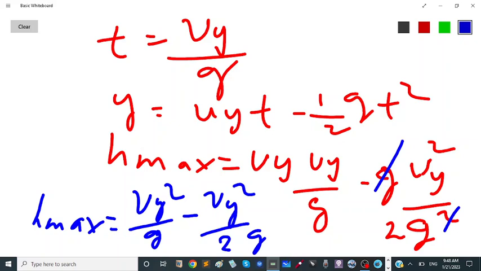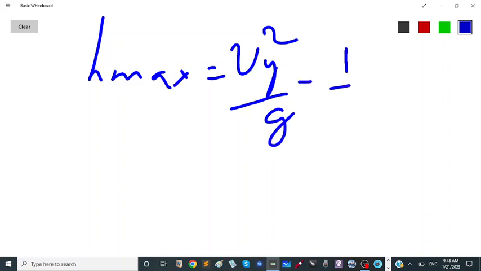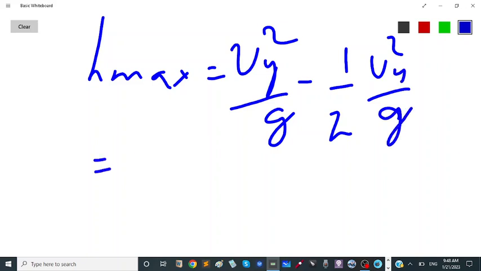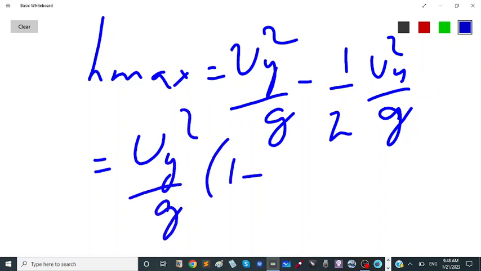So we know that h max is given by Uy square over g minus half of Uy square over g. So Uy square over g is common, times 1 minus half.